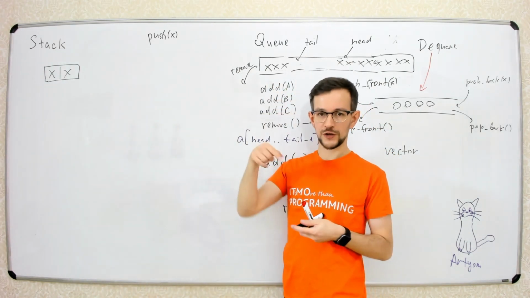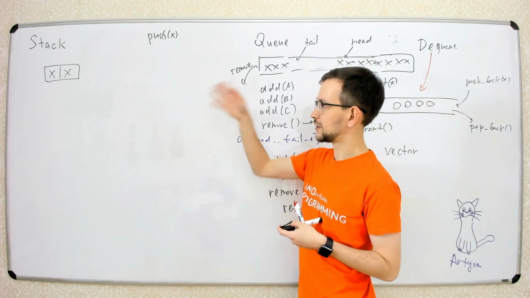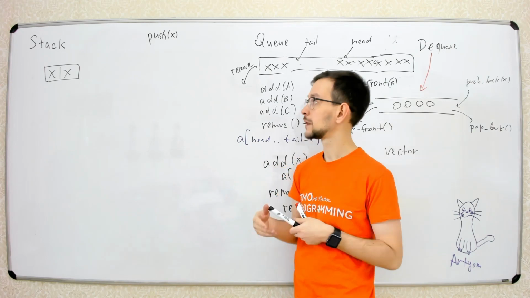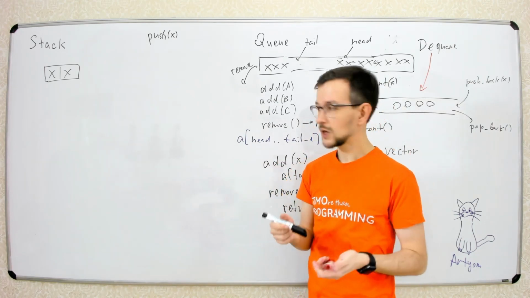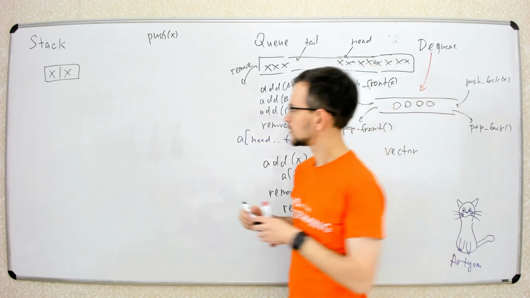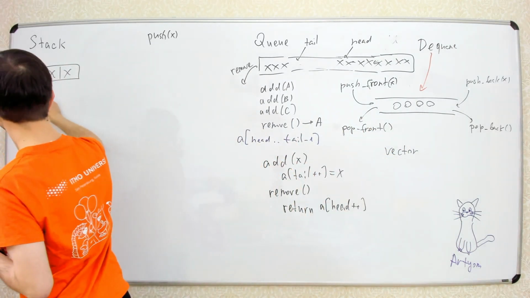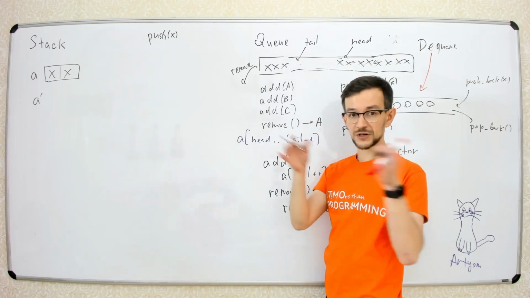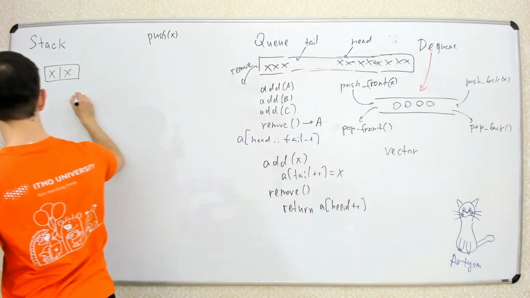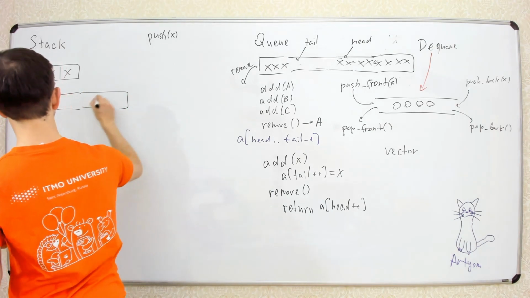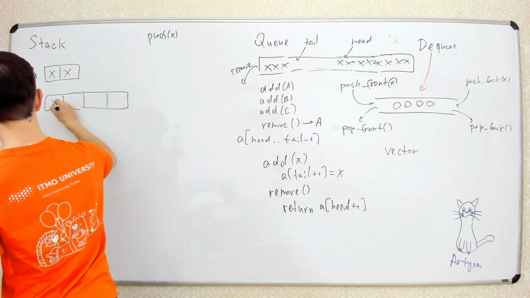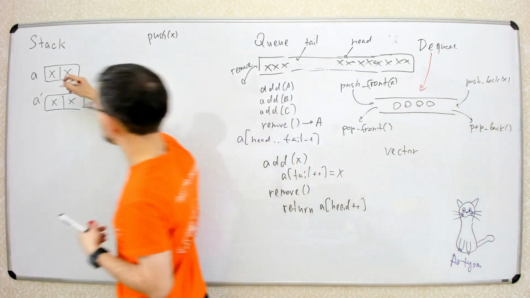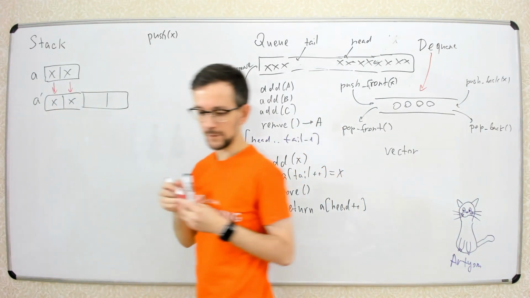And now when you push the third element in the stack, you see that the array is full. So you have no empty space for the next element. So what you will do is create another array. Let's say this array A. Let's create another array of bigger size. And then you copy the elements from the previous array to the new array.